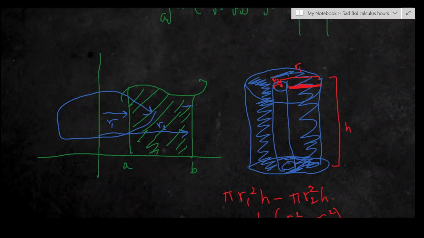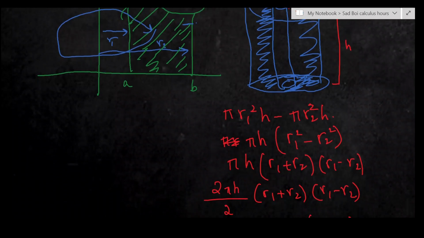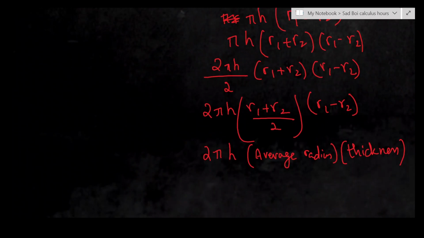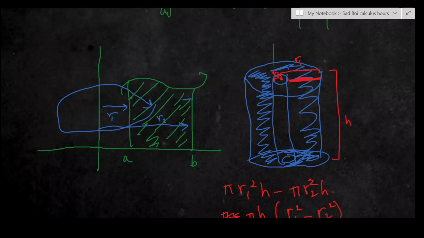That is the thickness of this area. r1 minus r2 is the thickness of the generated solid. So now all of this is equal to the volume of the cylinder. So now what we can do is consider the cylinder to be centered like this, where this green line is our f of x. So doesn't this form a similar case?